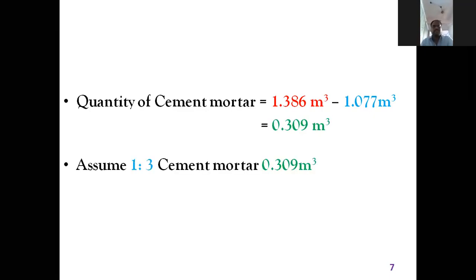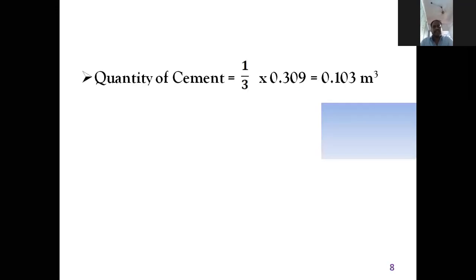Now we assume 1:3 is the ratio for cement mortar. Sometimes you may use 1:4 or 1:3; now I am using 1:3 cement mortar. The cement mortar quantity is 0.309 meter cube. First I want to know the cement. The quantity of cement is equal to 1/3 into 0.309.